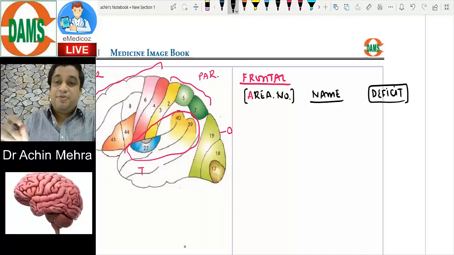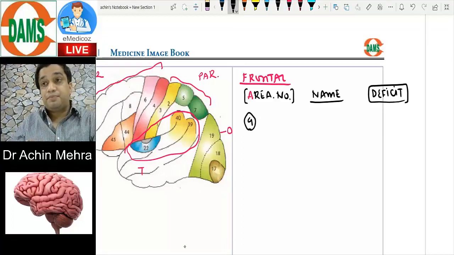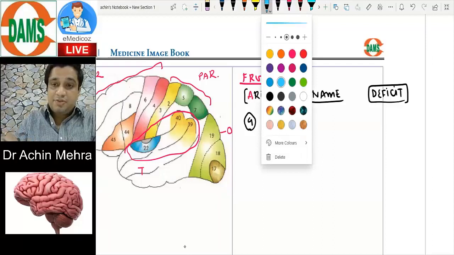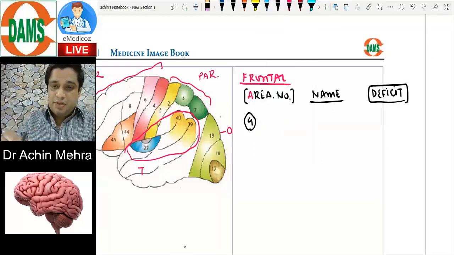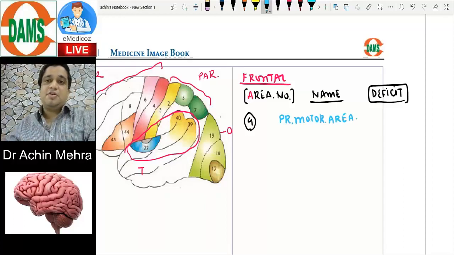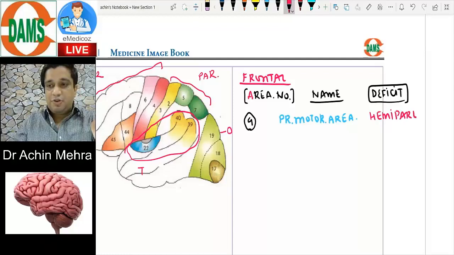Now area number 4, yes, the first one, area number 4. What is it known as? It is known as your primary motor area. Okay, and if at all there was a lesion in this primary motor area, what did we see? We saw hemiparesis. One side of the body got weak, of course the contralateral side.